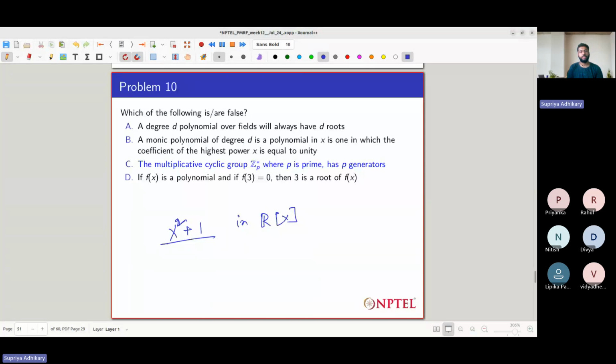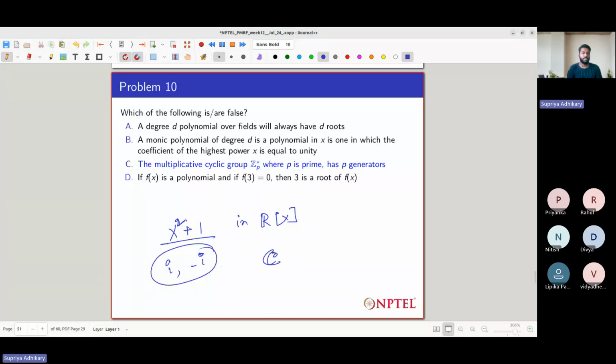So basically all the coefficients are from R. So how many roots does this have in R? The roots of this polynomial, as we know, are plus i and minus i. But these are complex numbers. So they do not belong to R, but rather belong to C, the complex field.